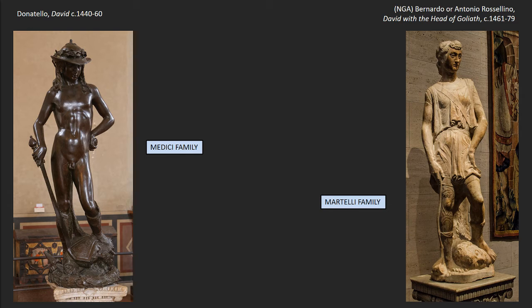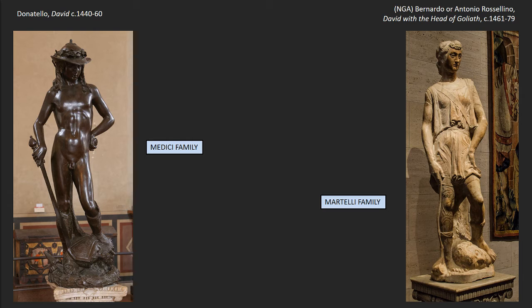And this one is carved out of marble rather than cast in bronze. David, instead of holding the sword, is still holding the sling, right? With the stone in the sling coming down the side. But you can tell from looking that, except for the nudity part, there is a really close analogy between the Rossellino work and the Donatello work.